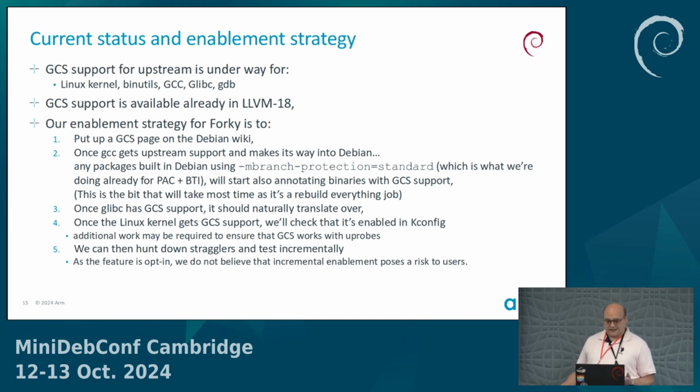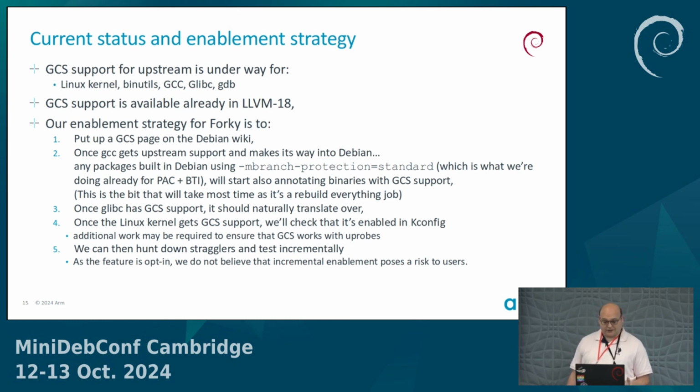When GCC gets the support, the branch-protection=standard stuff that we've already got in Trixie will start enabling GCS for the next distro, the next stable. Once glibc has GCS support, it should just be a case of bringing in the new glibc, which will probably happen anyway.